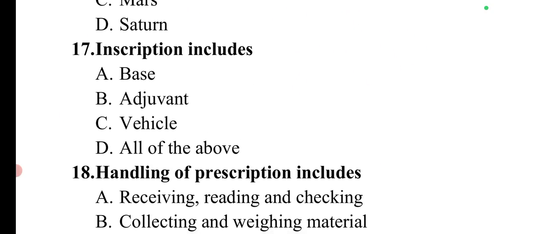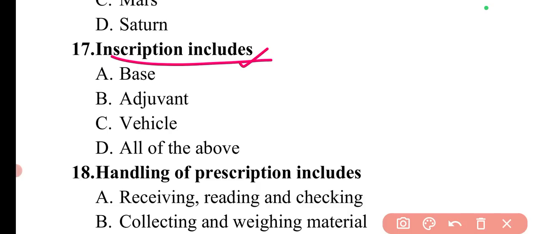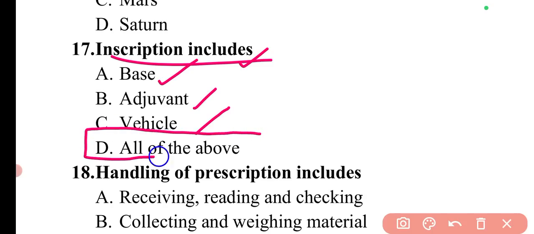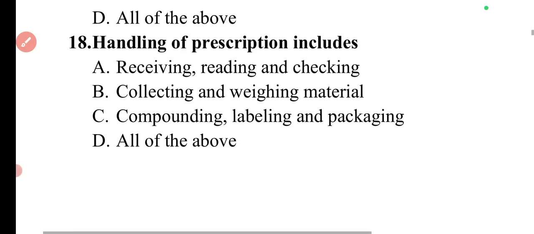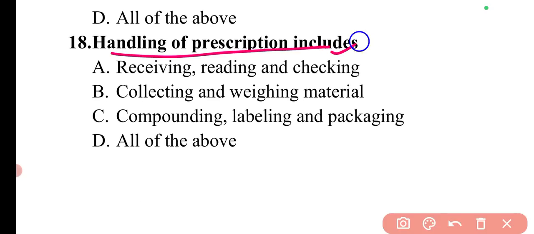The next question is: inscription includes. Inscription is the heart of prescription and it includes the base, adjuvant and vehicle. These types of additives, which are used to prepare the dosage form, and their quantities are given in the inscription. So here option D, all of the above, is correct. The next question is: handling of prescription includes.